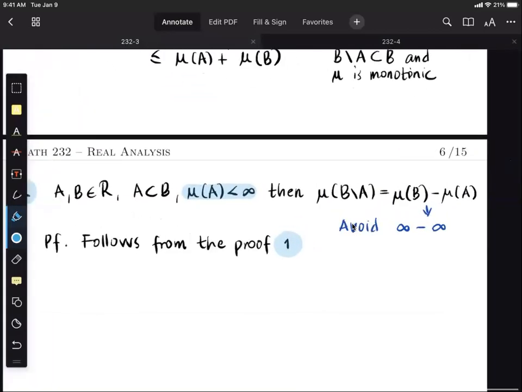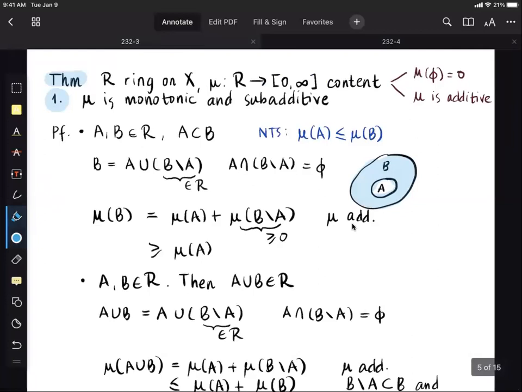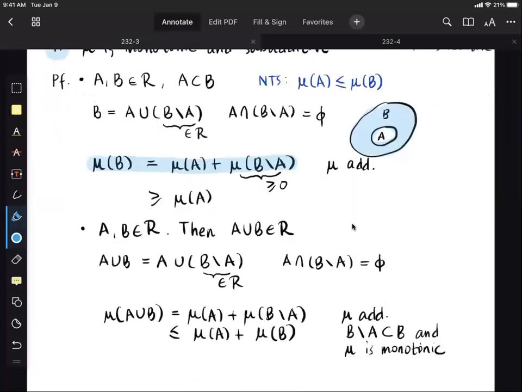So to look at that, we take note that here we have this equation. So by subtracting the content of A from both sides, you get the second property.